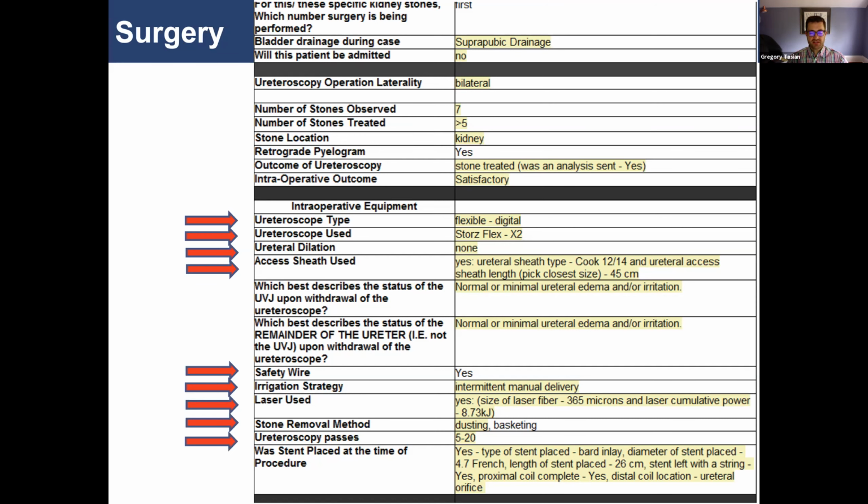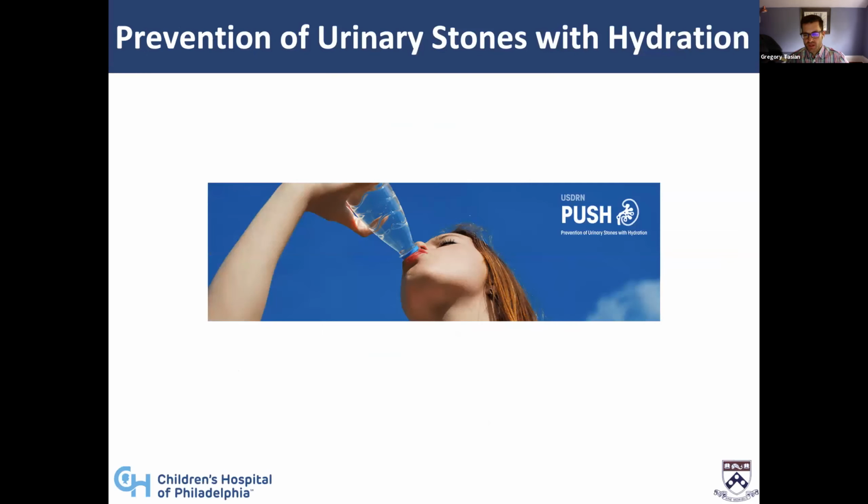And then finally, the number of times that a ureteroscope was passed, which is hypothesized to impact the patient experience postoperatively. And then finally, whether a stent was placed at the end of the procedure.